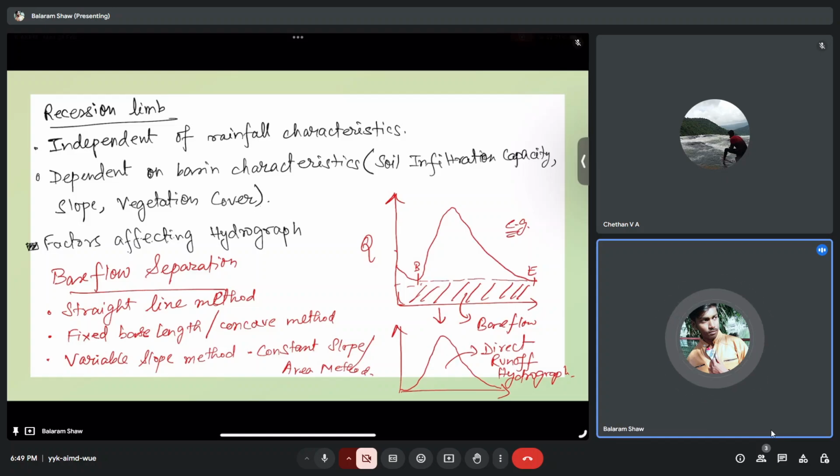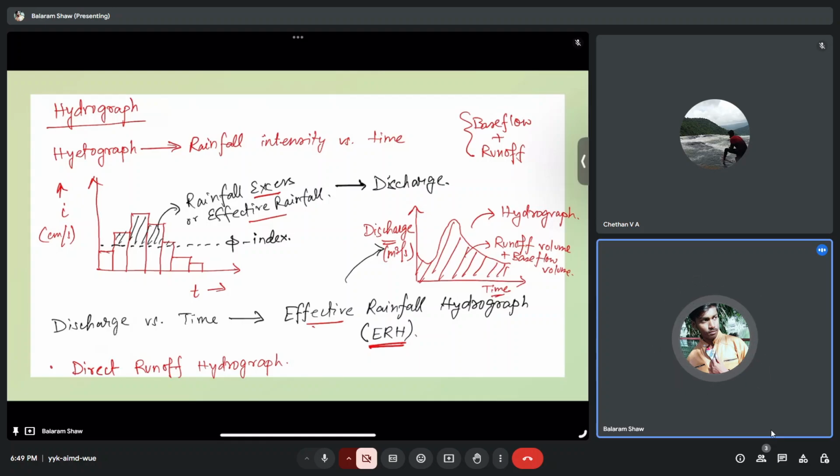For the total rainfall event, we are getting the base flow plus the direct runoff hydrograph component. Here you see the discharge versus time, the total discharge versus time, gives you the effective rainfall hydrograph. But the direct runoff hydrograph is for the excess rainfall.